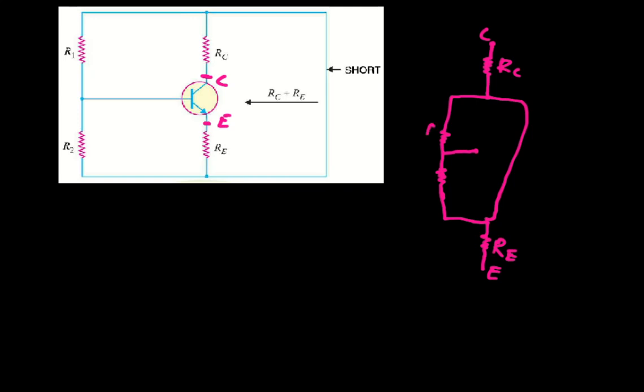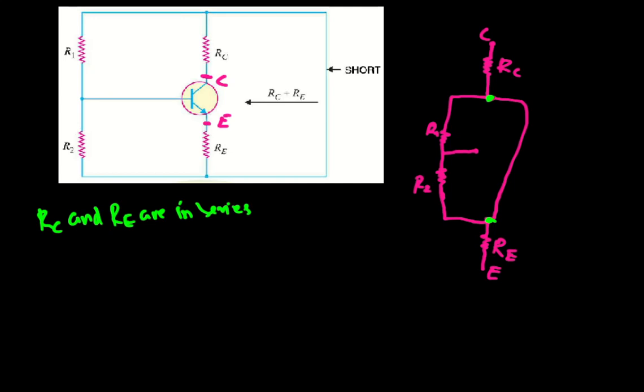So since this is R1 and this is R2, and this terminal is open, shorted, that is from this end to this end is shorted by a wire, then we can see that RC and RE are in series.